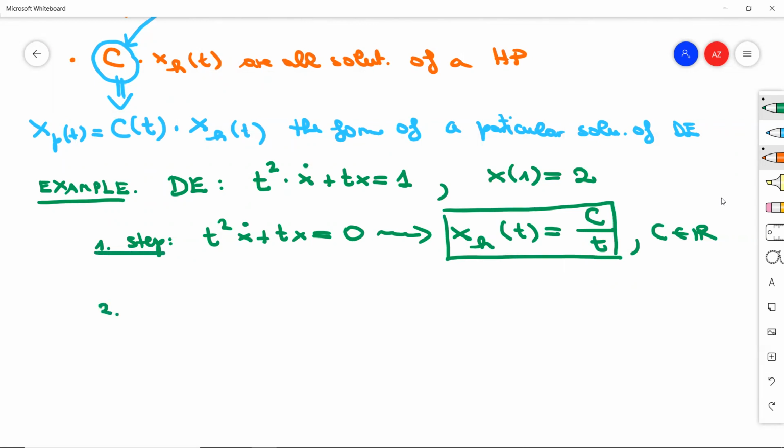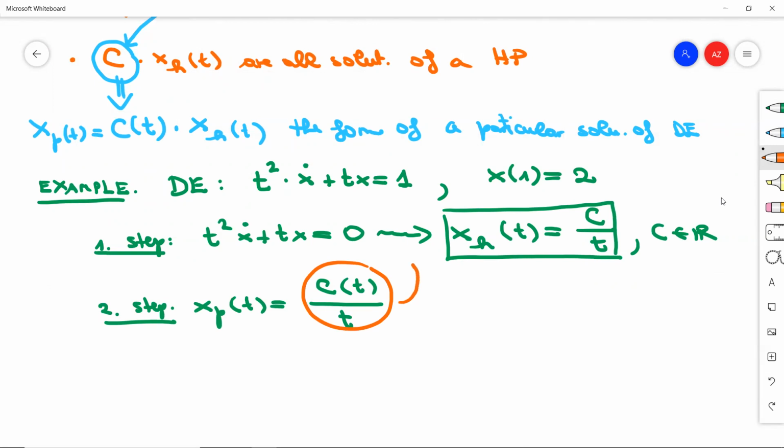And now we do a derivation of a variation of constants. So we put x p of t is c of t over t. And we plug this into our initial differential equation.